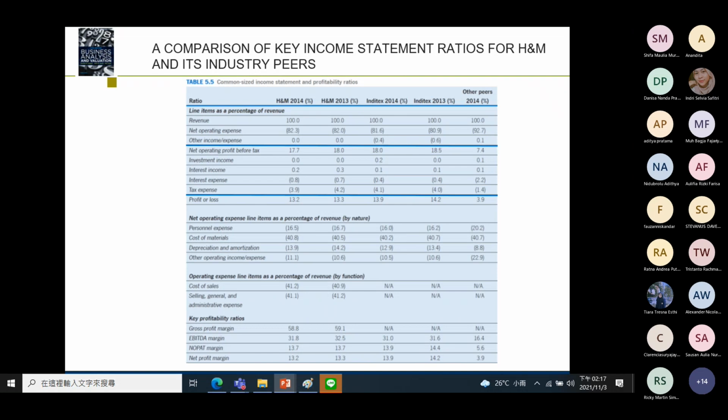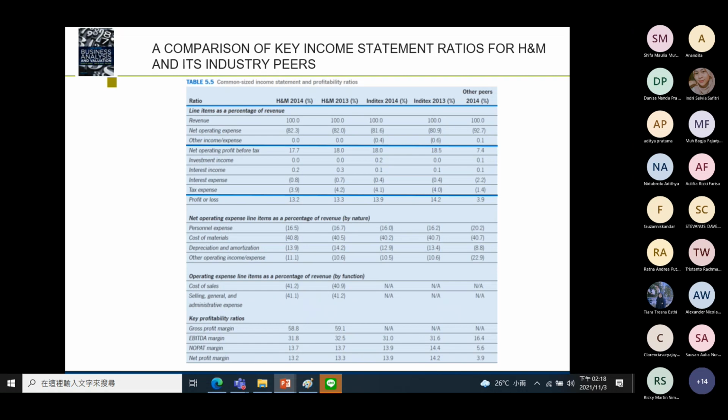The table indicates H&M's gross margin in 2014 decreased to 15.8%. The primary causes of the decline are that H&M broadened its product range, making production more expensive, and increased its investment in information technology with the objective of stimulating future growth and improving future margins.